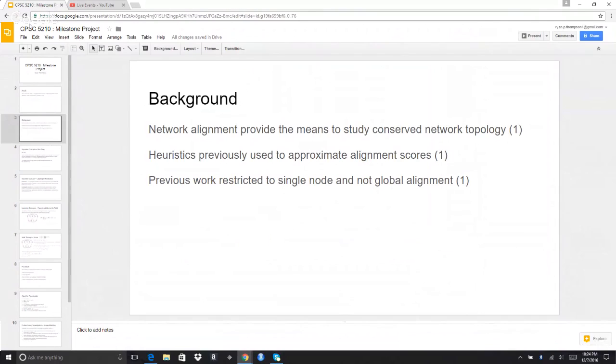And the alignment score is how do these edges connect, or how are these edges related to each other after the stimulus has been applied. So if you have graph 1 and graph 2, how do the edges correspond to each other?